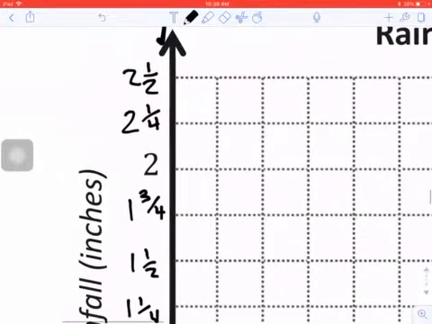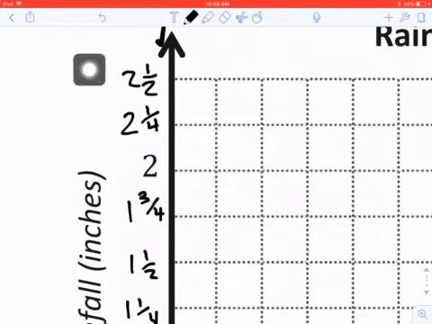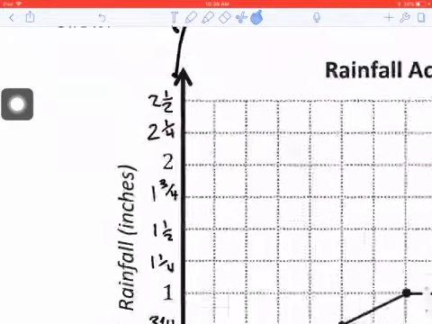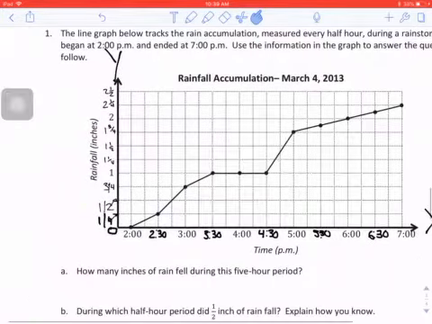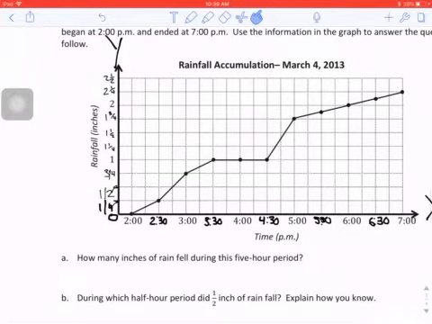Knowing your equivalent fractions matters if they ask you something that has to do with an equivalent fraction. So if it says where is the 2 and 2/4, you should know that this right here is equal to 2 and 2/4. Okay. So now that we've got that labeled, that'll make it a little bit easier to answer these questions.